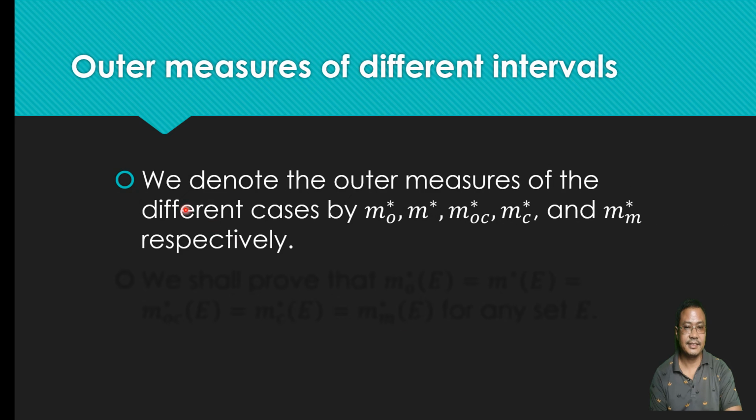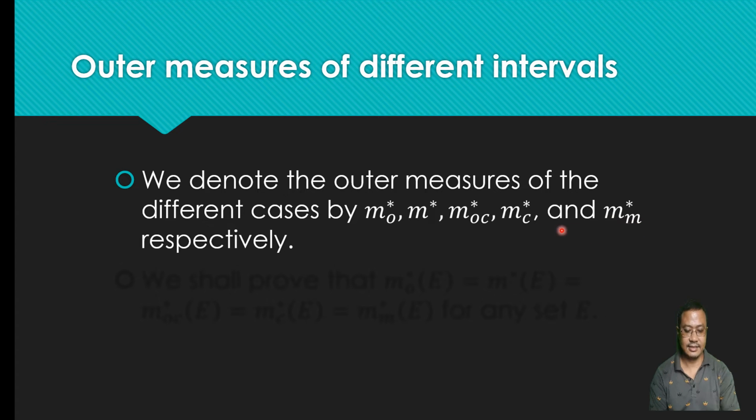We denote the outer measures of the different cases by m star O, the outer measure generated by open intervals, and the original one we have been talking about, and this one open on the left, closed on the right, and this one closed intervals, and m star M is the mix-up, meaning it can consist of open also, closed also, and half closed, half open, all types of interval are allowed here.